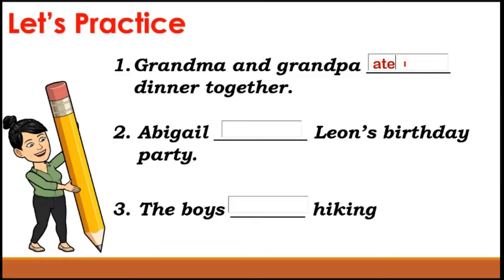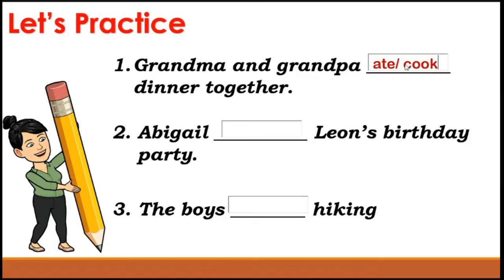Okay, who else can give me another verb to make our sentence correct? Okay, iba pang verb naman. Cook po. Cook. Okay, grandma and grandpa cook dinner together. Is this correct? Yes. Okay po. So, correct din.